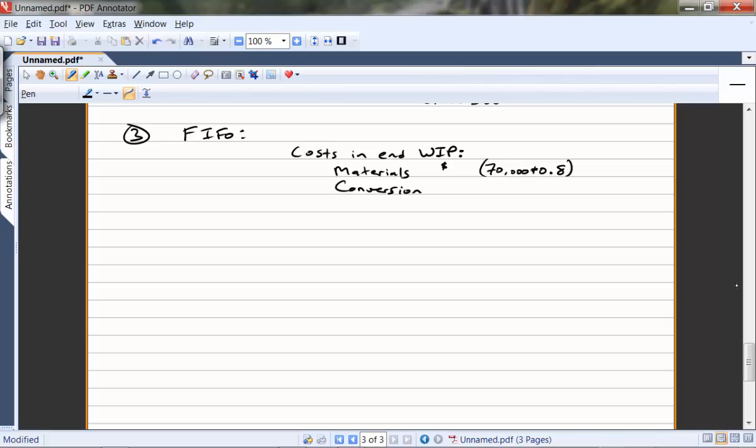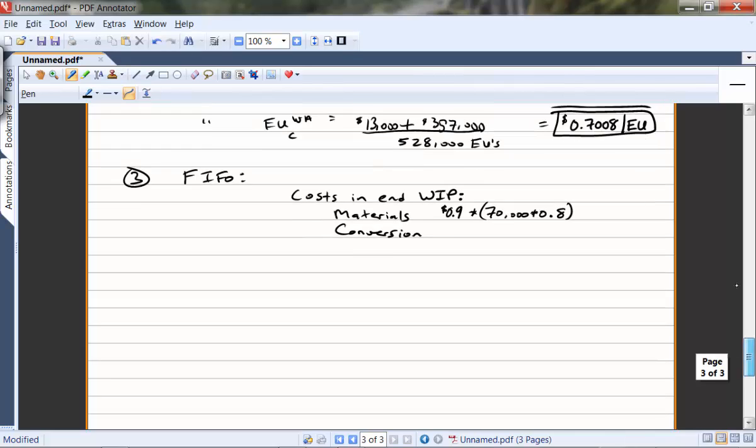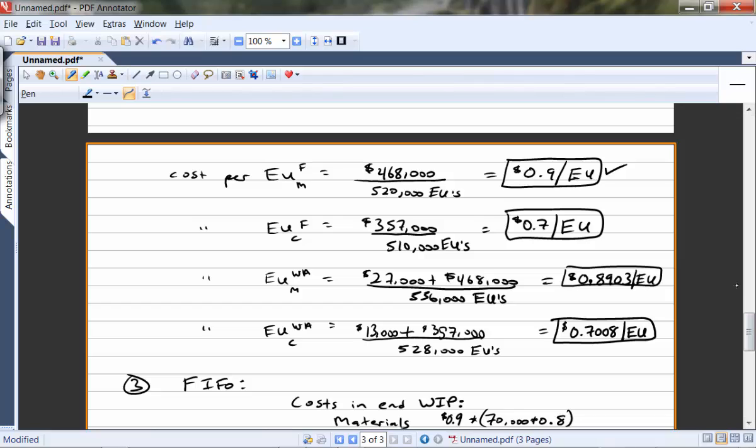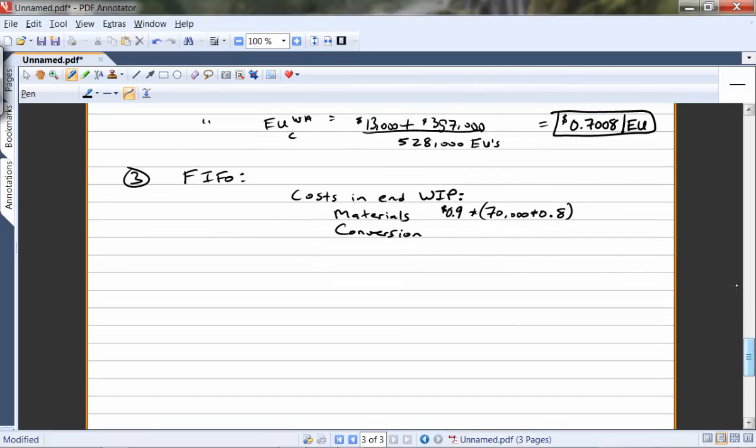Right? Times, what did it cost us to get these 56,000 units 100% done? Well, it cost us 0.9 or 90 cents per equivalent unit, using this right here. So that's the cost sitting there at the end for materials, and then for conversion, it was the 0.7 times the equivalent units left at the end.